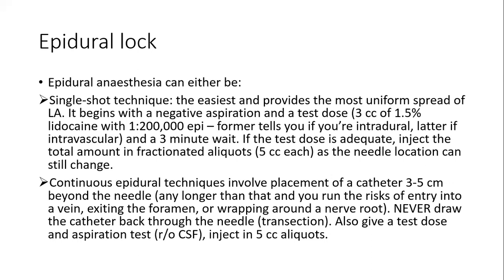Know that after you have inserted your epidural catheter, don't try to bring it back. Don't try to remove it back through the needle, because it might actually cause a needle transection. Like we said, you want to give a test dose, and you want to have a negative aspiration, just like in your single shot technique.